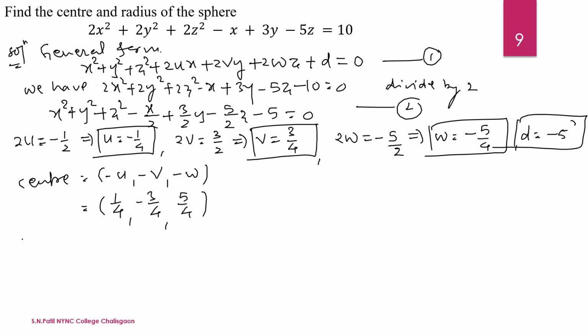Okay, now last, the radius. The radius of the sphere in general form is the square root of u square plus v square plus w square minus d.